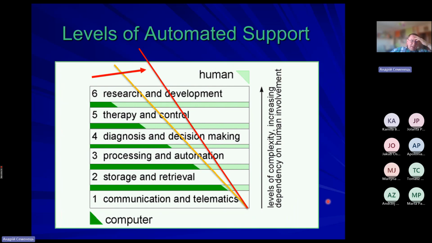Actually, I have to admit that when we talk about how many jobs are now taken by information systems, we have more and more of a shift in the direction of an increased level of automation.